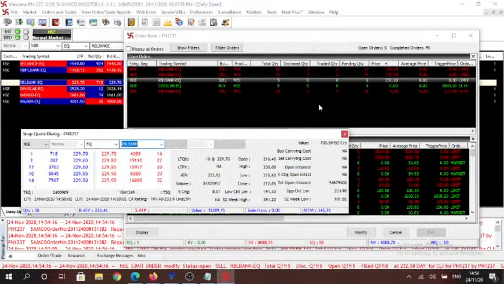Let's see if we get filled now at 230.25, 231.5 and 232.5.